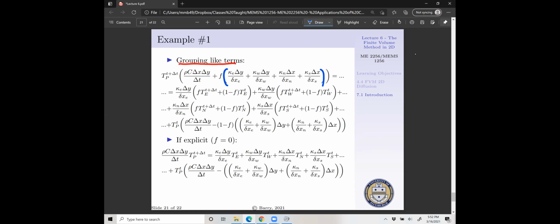Diffusivity of east interface, delta y per delta x east, plus the diffusivity of our west interface, delta y per delta x west, plus the diffusivity of north interface times delta x per delta x north, plus the diffusivity at our south interface times delta x per delta x south. So all these terms are leading TP of t plus delta t. Cool.